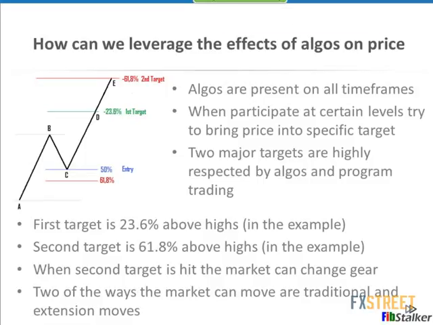In this case, the point C in this chart, in the chart that you see on the left side here. And they'll do whatever it takes to bring price into the first target, the minus 23.6% Fibonacci level, which is represented by D in this picture. And there is also the opportunity for price to go higher into the 161.8%, the minus 61.8% here in my chart, which is the point E.